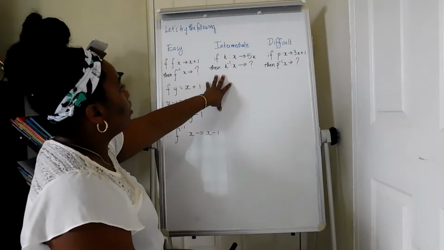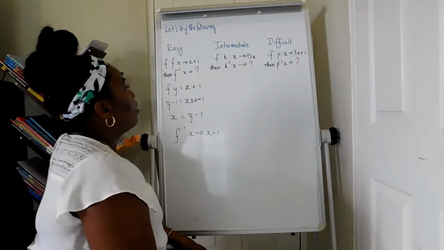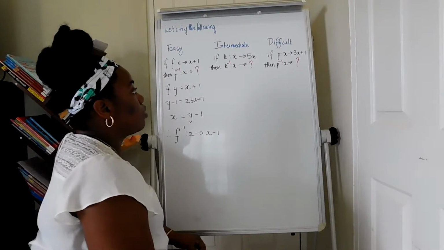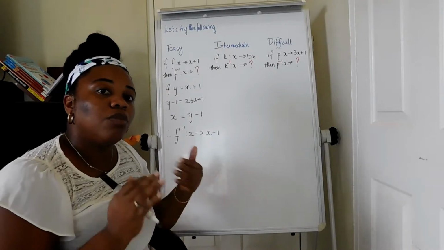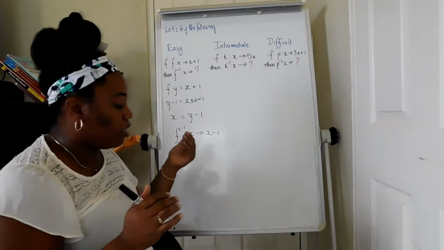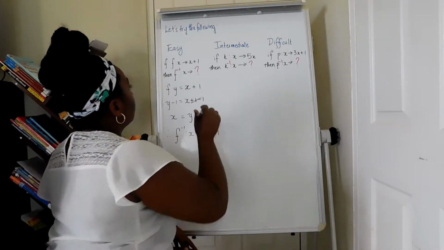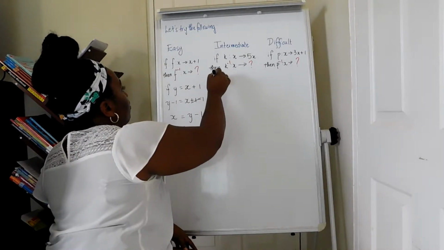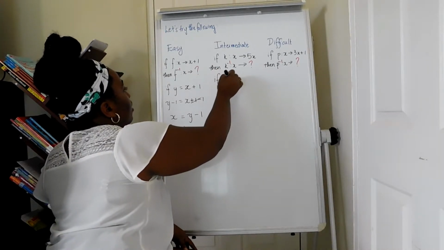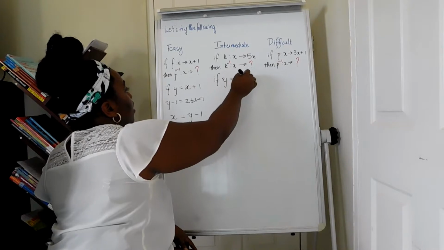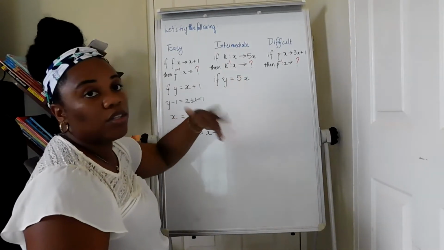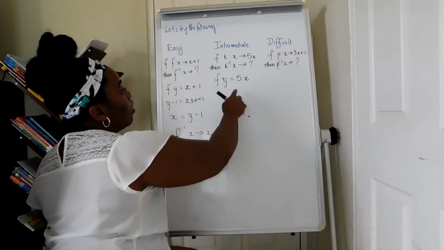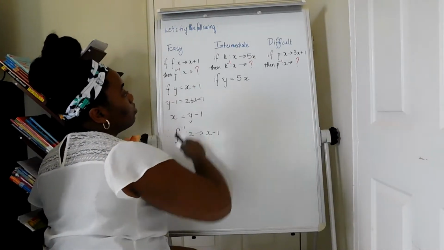Okay, so let's try this one. K of x is equal to 5x. Remember, if a number is seemingly stuck to a letter, you're multiplying, so that's 5 times x. So we're going to say, if y is equal to 5x, whenever you're multiplying something and want to get rid of it, you just divide. So you want to get rid of the 5, so that x is by itself.